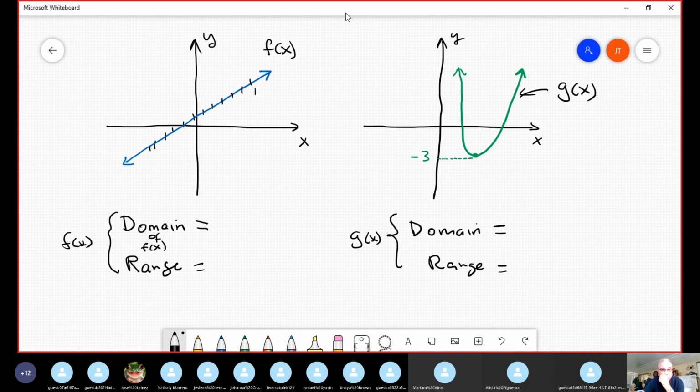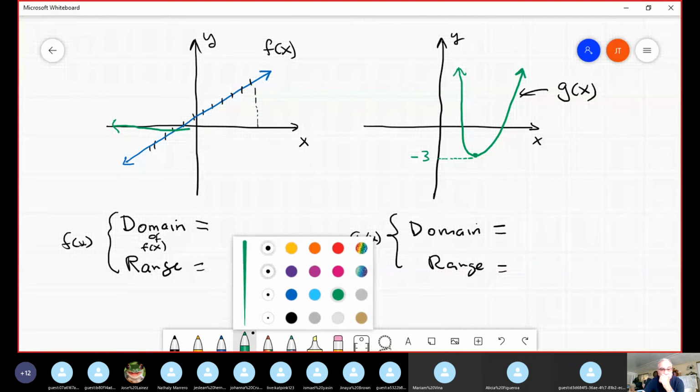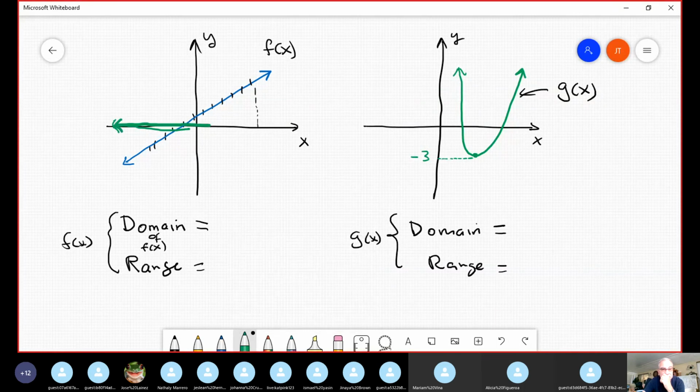When you project onto the x-axis to find the domain, I can see the projection is coincident with the x-axis.